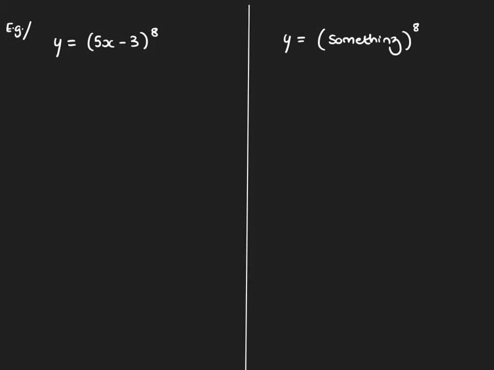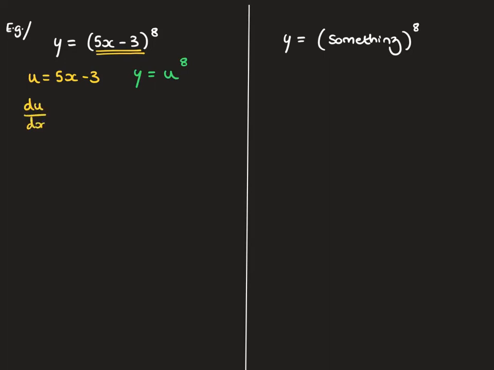Now, if we look at the chain rule in its long format, we start by identifying the inner function, which I call u. So u is 5x minus 3. We then write out what y is in terms of u, so y equals u to the power of 8, and we then differentiate each part separately.